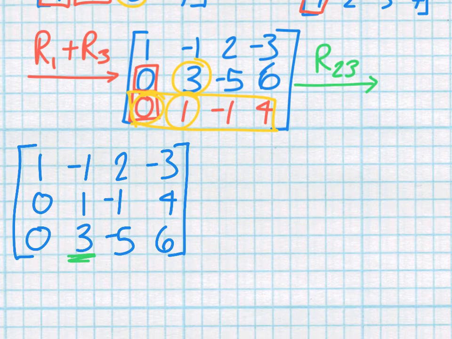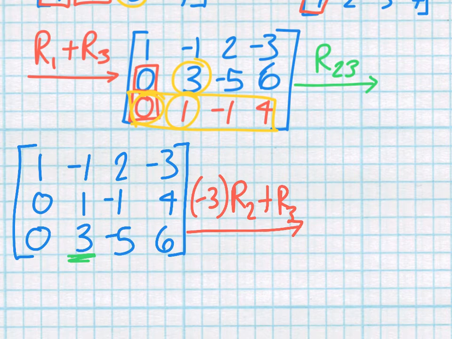So to do that, I'm going to multiply row 2 by -3 and then add that to row 3. So -3 times row 2 plus row 3.